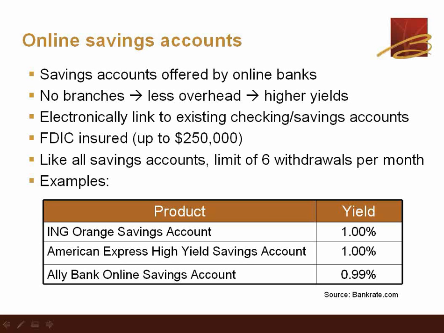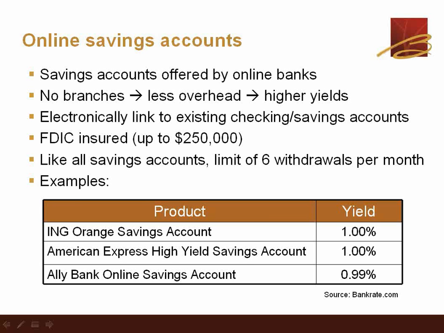They are FDIC insured up to $250,000 like everything else. And like all savings accounts, federal regulations limit withdrawals to 6 per calendar month. So you can't exactly use this like a checking account, but there certainly is some ability to move money. There are no limits on deposits.